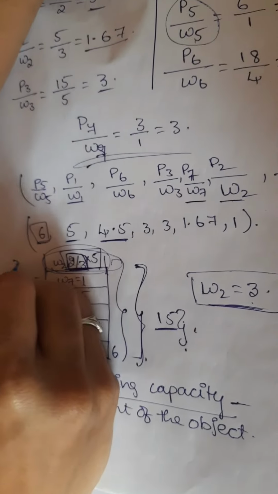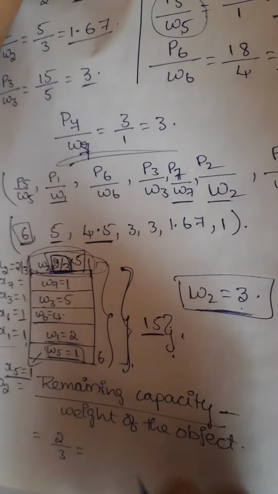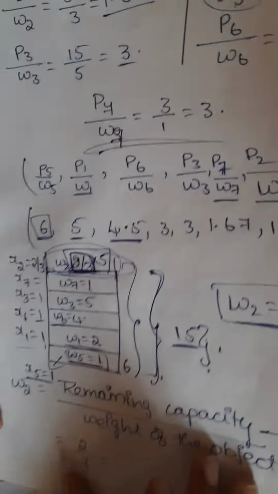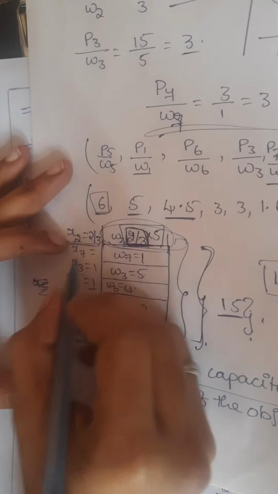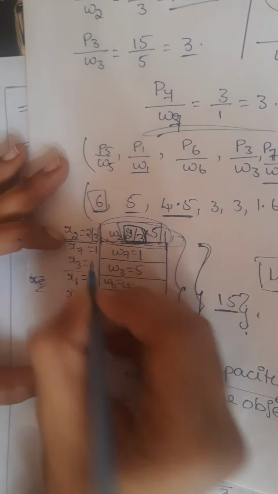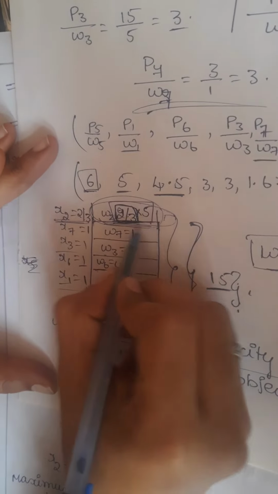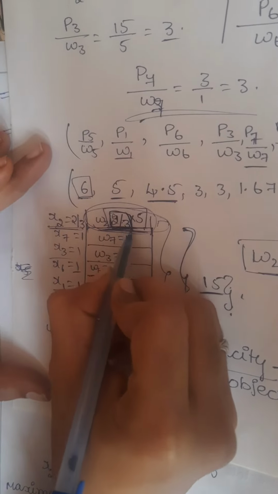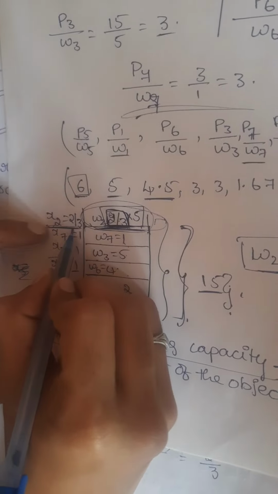So the x2 value becomes 2 by 3. All these are completely filled, that's why I wrote 1. But this W2 weight is not completely filled. This is only 2 by 3. That's why the x2 value becomes 2 by 3.